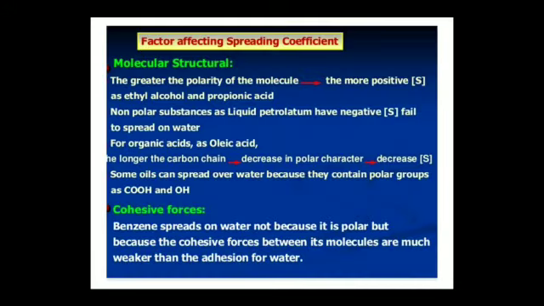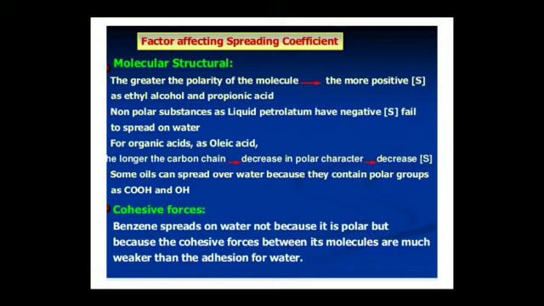There are various factors which influence the spreading coefficient. Molecular structure: if the compound has polar groups in its structure, its spreading coefficient increases. Examples are ethyl alcohol and propionic acid. This indicates that the presence of polar groups increases the spreading coefficient.